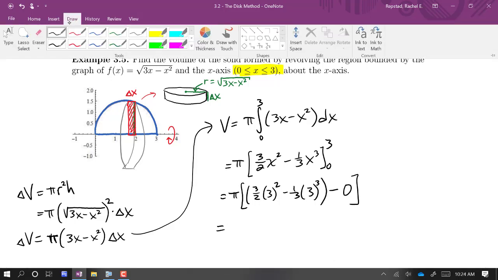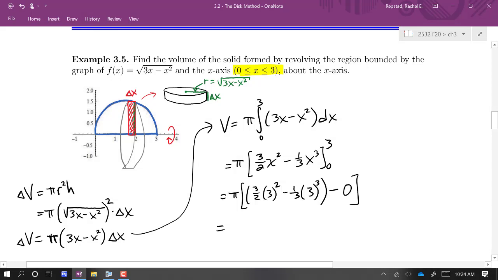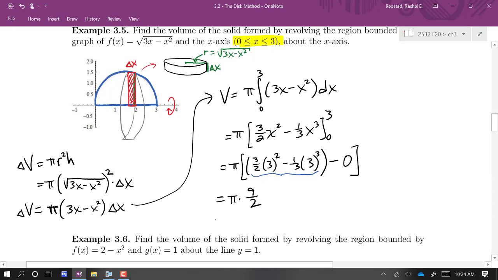If you use your calculator, or you could do some good old-fashioned arithmetic, that's always enjoyable, you get 9/2. So it's common to write that instead of pi times 9/2, as just 9 pi over 2, like a single fraction is usually how we write it.